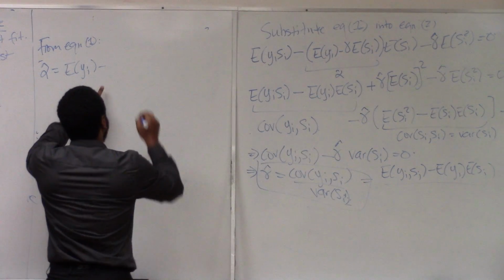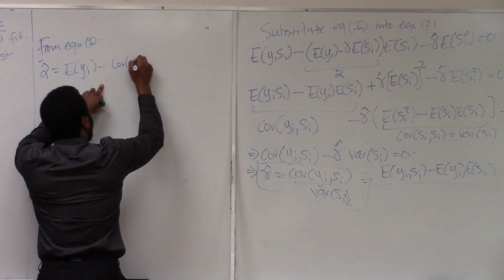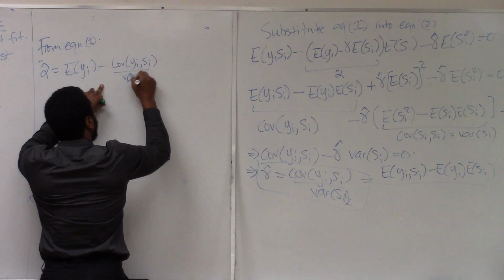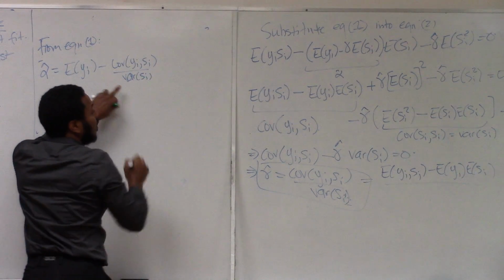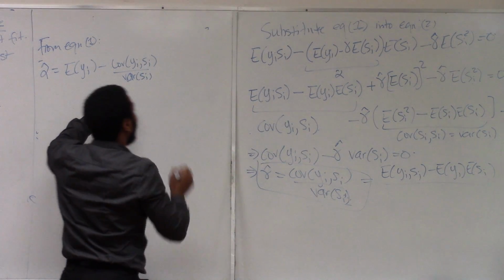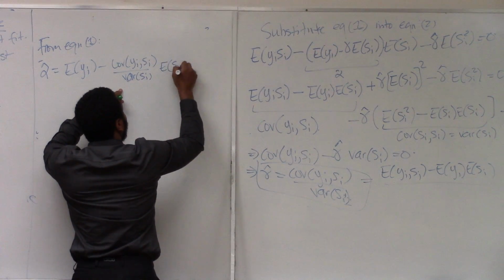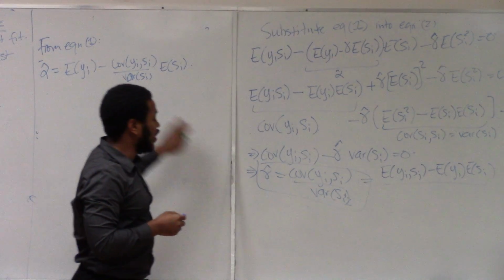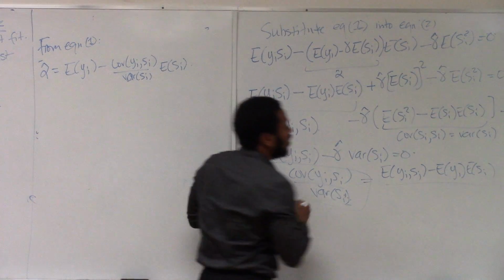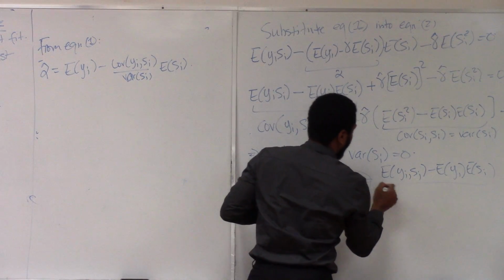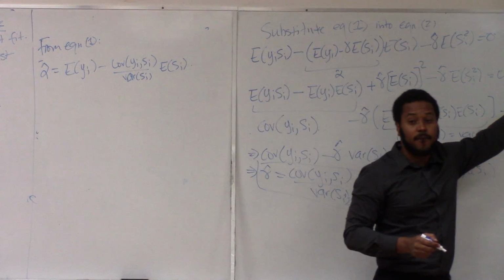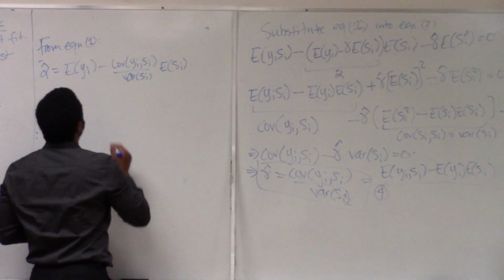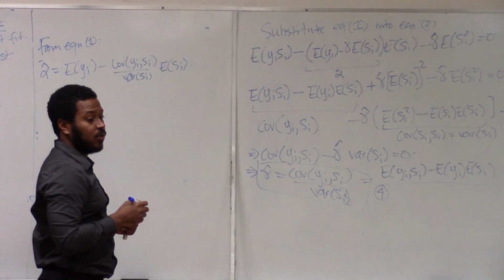And gamma hat we showed was the covariance of yi and si over the variance of si, multiplied by the expected value of si. So this is literally plugging equation 4 into equation 1. That's literally what this is doing. So we just found the wage estimator for that.